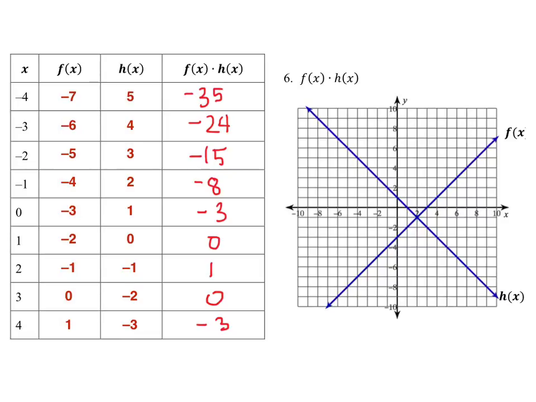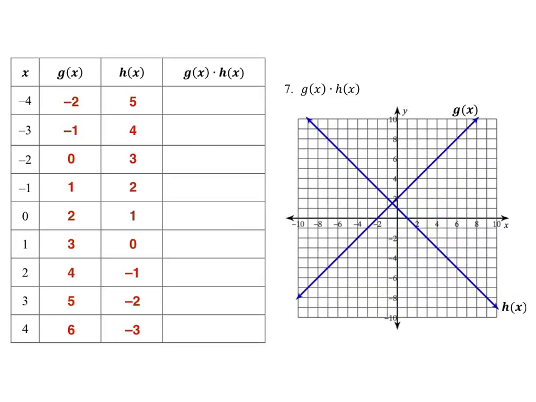So at negative 1, I'm at negative 8. At 0, I'm at negative 3. At 1, I'm at 0. 2, 1, 0. And then because of the symmetry of the parabola at 5, it is going to be back down at negative 8. That's my graph.